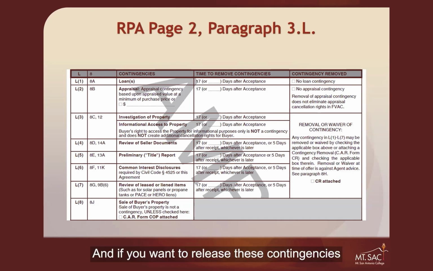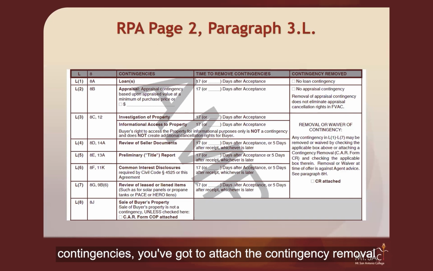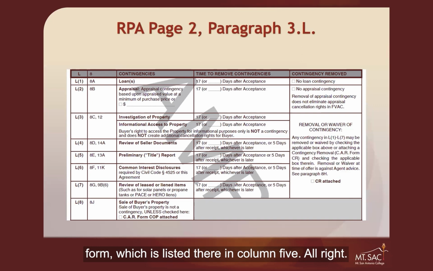And if you want to release these contingencies going in, for example, with your all cash offer, you can do that by checking the no loan contingency, no appraisal contingency, okay? Those are the only two contingencies you can release with this contract. If you want to release the next 5 contingencies, you've got to attach the contingency removal form, which is listed there in column 5, all right?